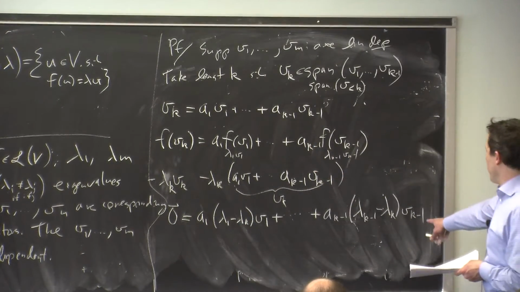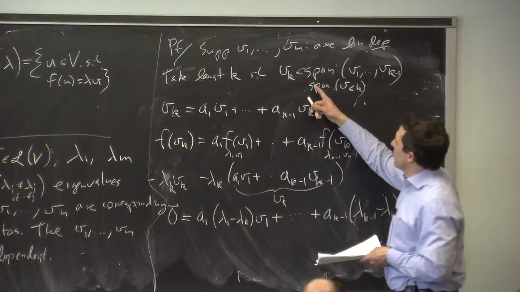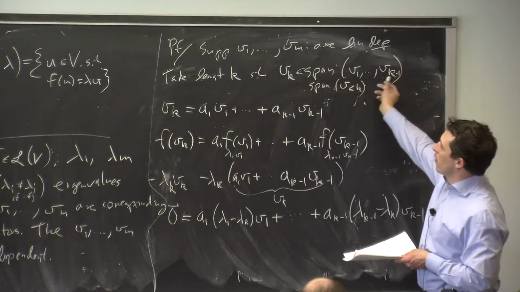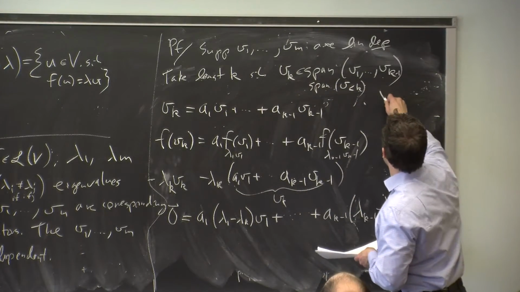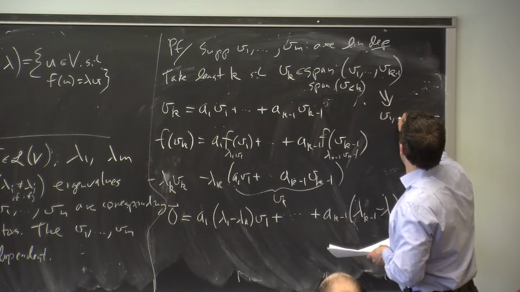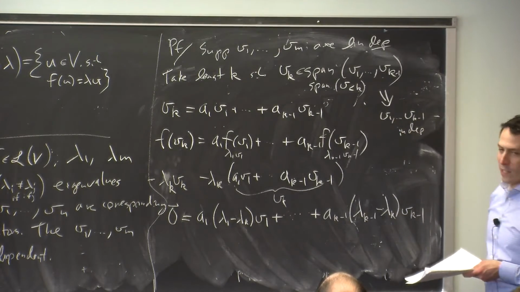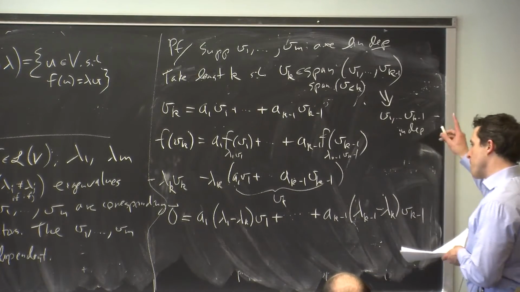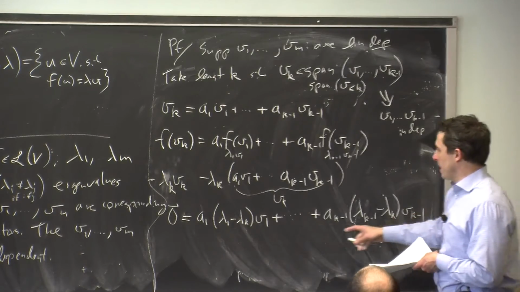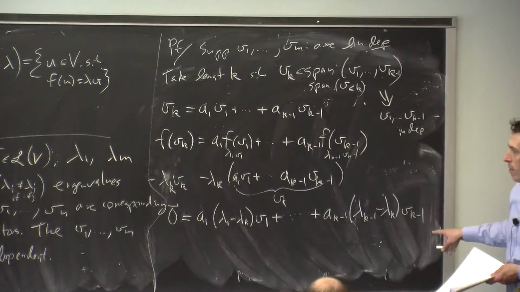Now these v1 up to vk minus 1, because this was the smallest k that this was true, it must be that all of the vi's that come before it are independent. So this implies that v1 up to vk minus 1 are independent, because otherwise I could have taken a smaller k, if there was any dependence. So these are independent, and the combination is equal to 0, so that means that all these coefficients have to be 0.